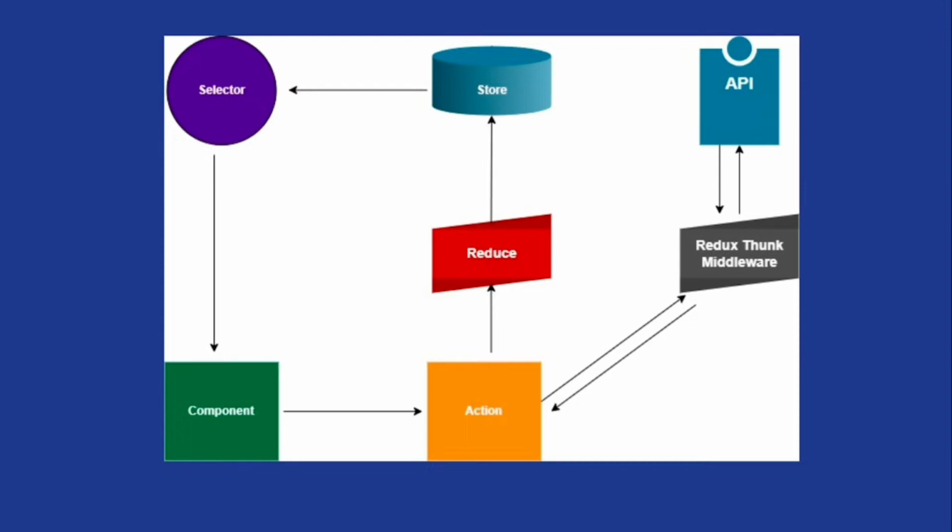Whenever the request is still pending, meaning the API call is invoked but the response has not been received, at that time Redux Thunk invokes the pending action. We can write whatever logic to update our store, like storing a variable called loading in the store and assigning a pending value for that.